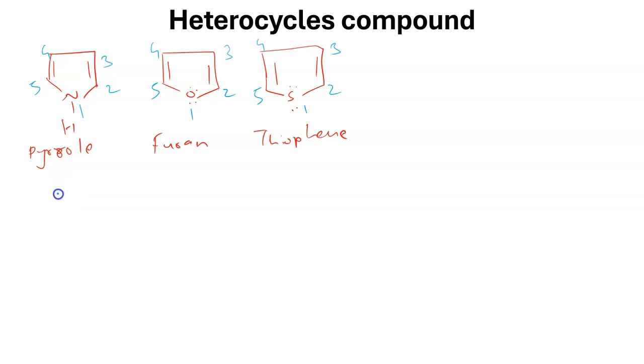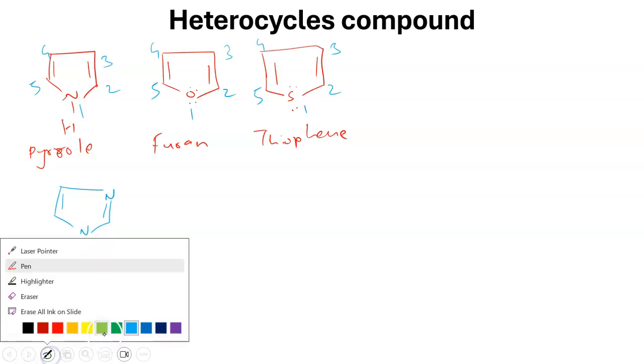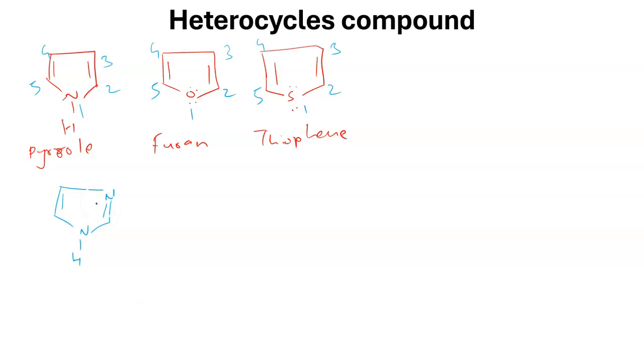They will contain 2 nitrogens. So the next structure contains 2 nitrogens. One of the nitrogens has a hydrogen and one of the nitrogens does not have a hydrogen. Now from where to start numbering?